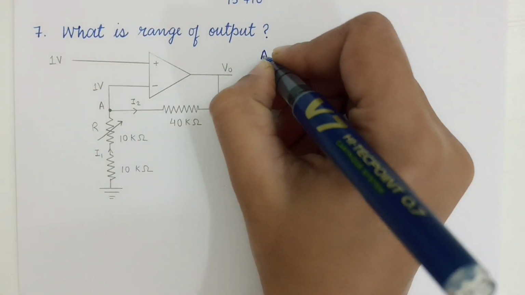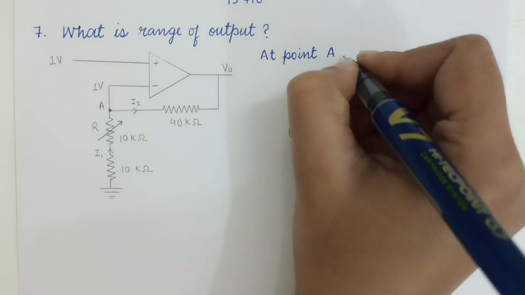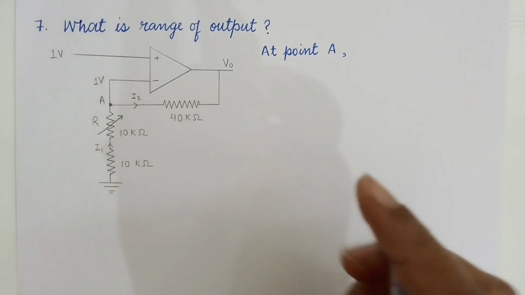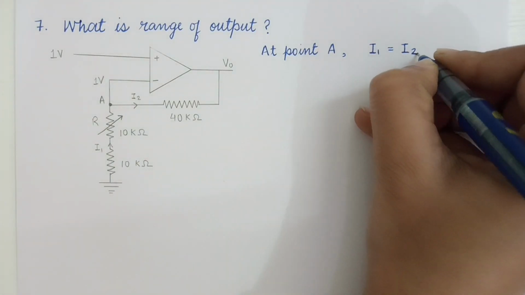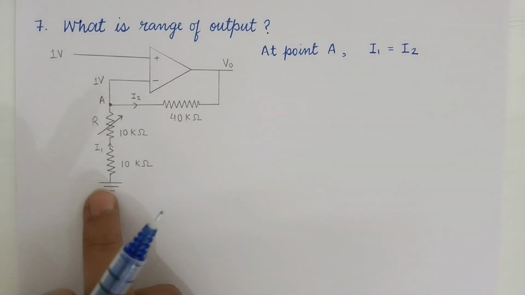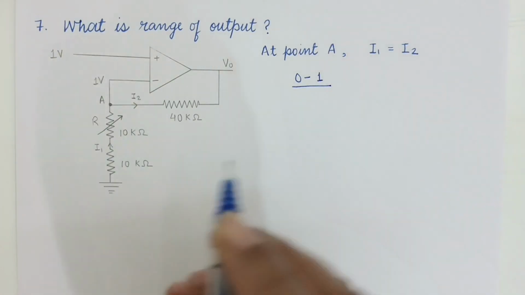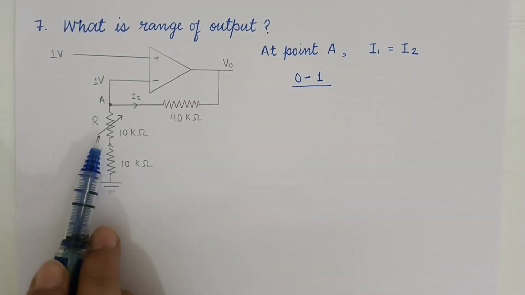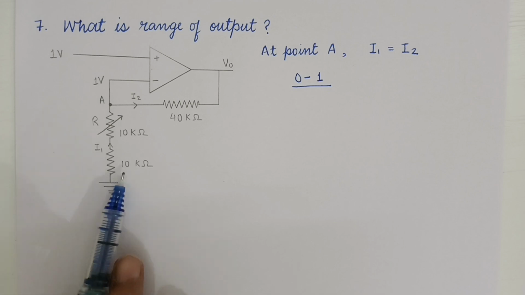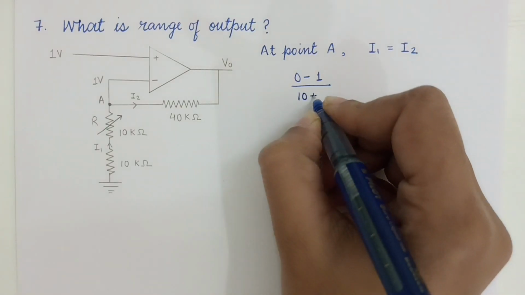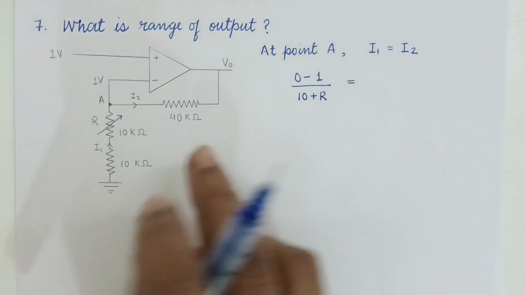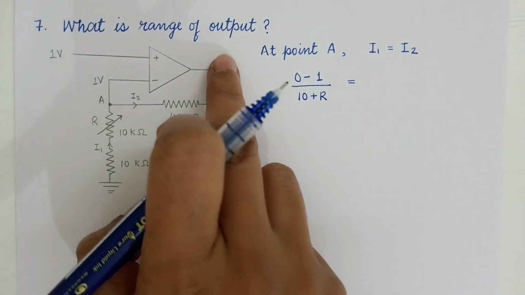So at point A, I1 is equal to I2. So here it is grounded, so 0 minus 1 volt divided by, as you can see these resistances are in series, so again 10 plus R, is equal to 1 volt minus V naught.